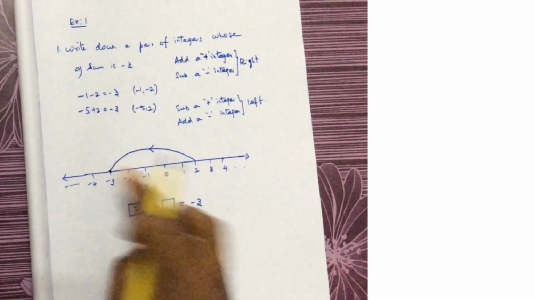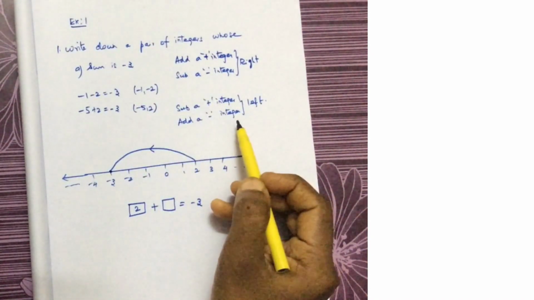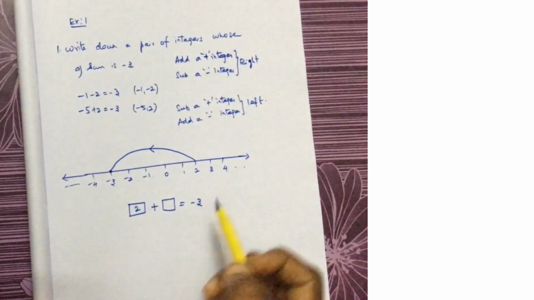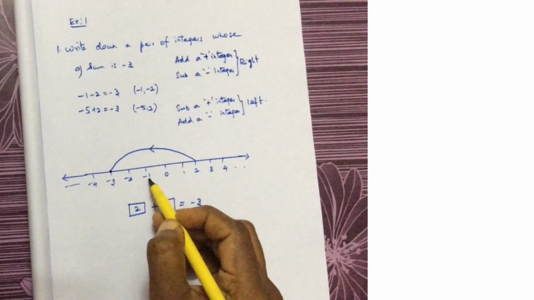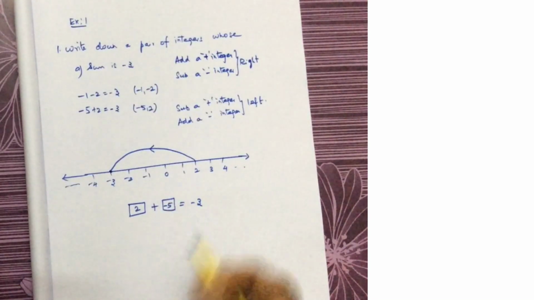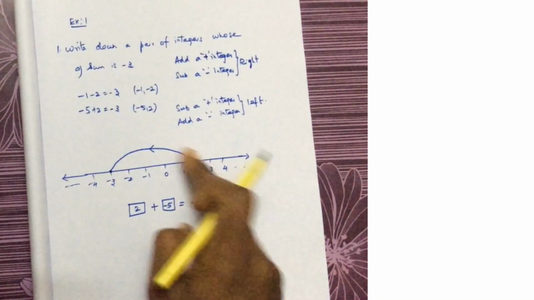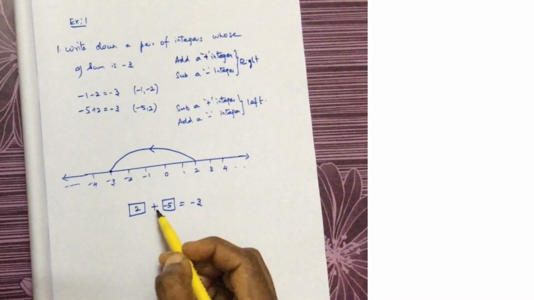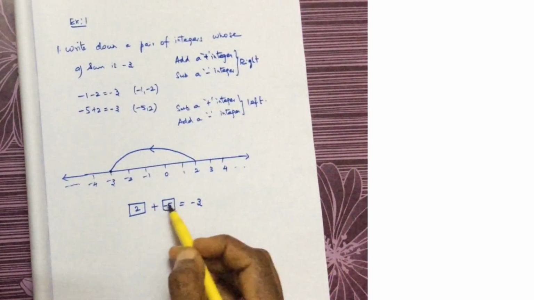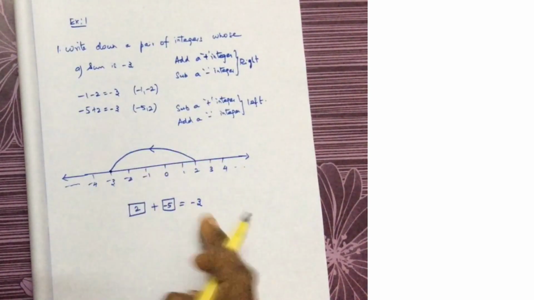So left side is adding a negative integer. So here I should write 1, 2, 3, 4, 5, minus 5. So here I am adding a negative integer, I am moving left. Minus 5 is a negative integer. So I am moving left side to reach minus 3.